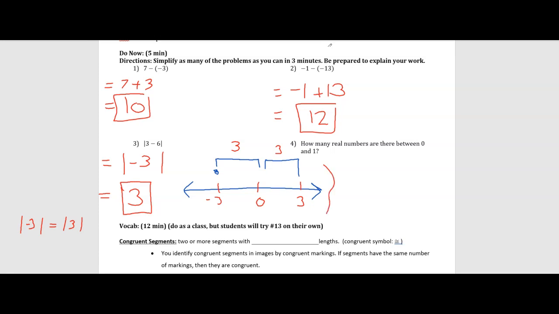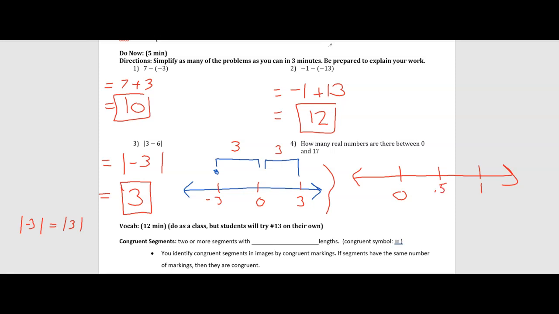Okay, let's go on to number 4. How many real numbers are there between 0 and 1? Real numbers include all the types of numbers that you've studied up to this point. If you can think of a number, it's a real one. What that means is if we have a number line with 0 and 1, can you think of a number between 0 and 1? Maybe you can think of 0.5.